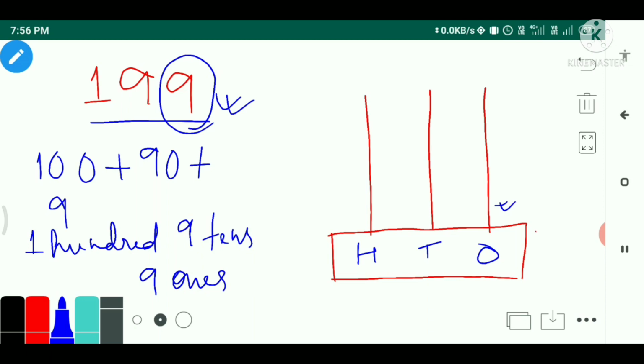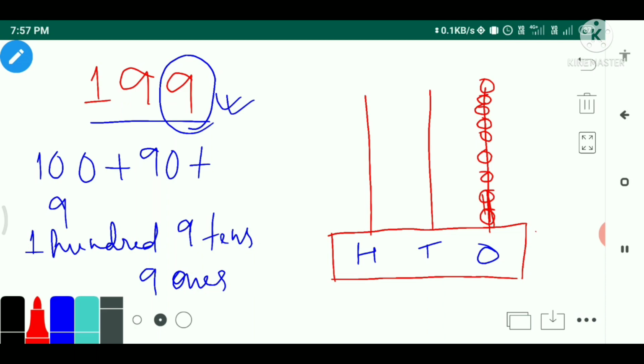By drawing 9 small circles. Now we'll draw the circles: 1, 2, 3, 4, 5, 6, 7, 8, 9.